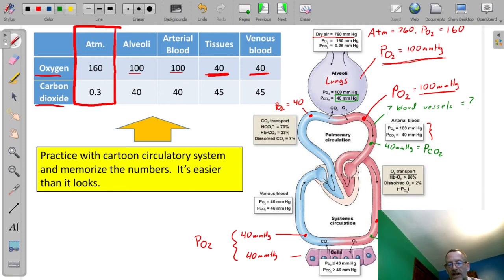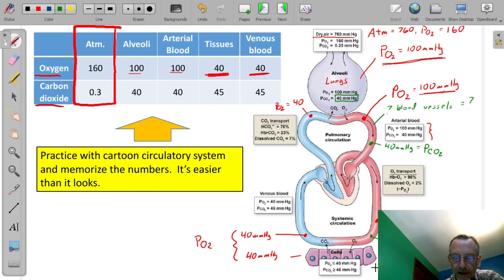Where is carbon dioxide being generated? It's being generated in the tissues during the Krebs cycle and the other steps in metabolism. And the partial pressure in the tissues, so this says 46, I had 45. Well, let's go with the larger numbers that are easier to read. Close enough.